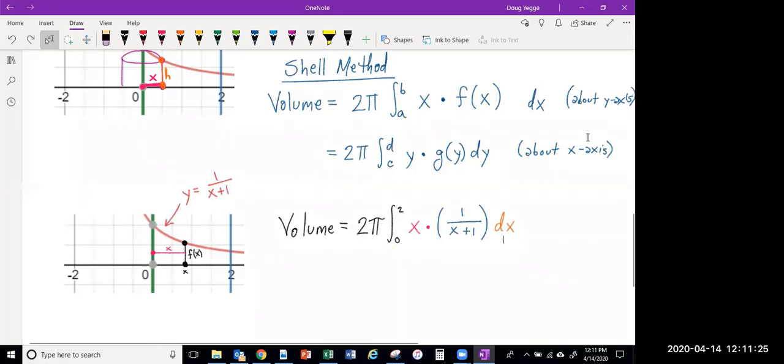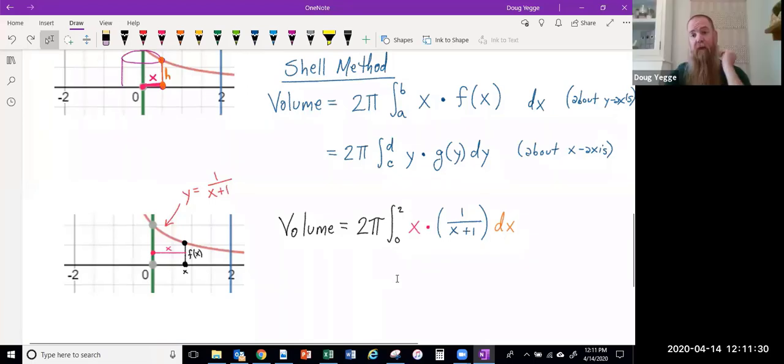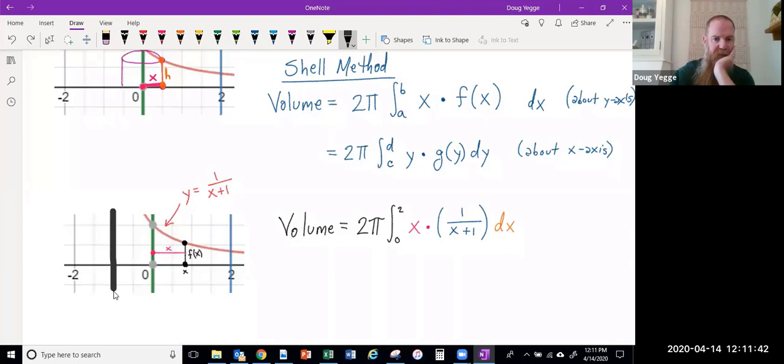So can you use the shell method if there's a gap, like instead of a washer method? Absolutely, you can, yeah. If there was a gap, let me just show you basically what would happen now. If there was a gap, let's say that this right here was the pivot. Notice that the region would still be the same. The region would still be right here. So I would still be integrating from 0 to 2, right?